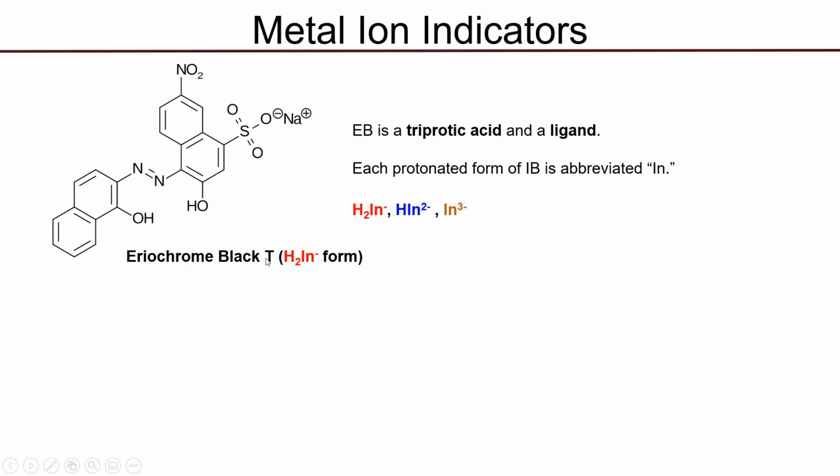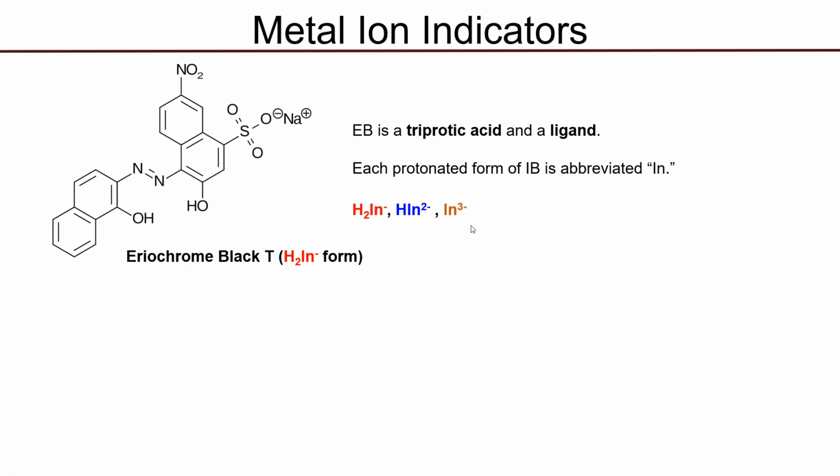If we're showing Eriochrome Black T with 2 of its 3 ionizable groups still protonated, we refer to it then generally as the H2IN- form of Eriochrome Black T. The fully protonated form would be H3IN with no charge. If 2 protons are removed from our weak acid indicator molecule, we'd represent it as HIN2-, and if all 3 ionizable protons are removed, we would refer to it as IN3-.